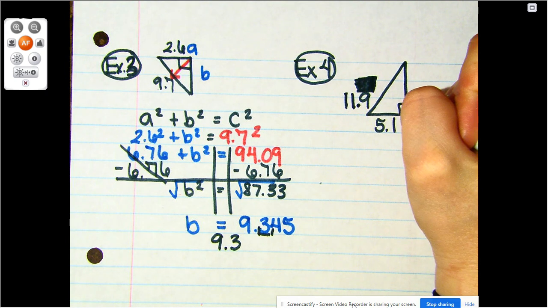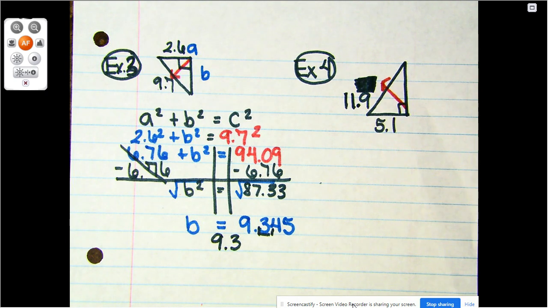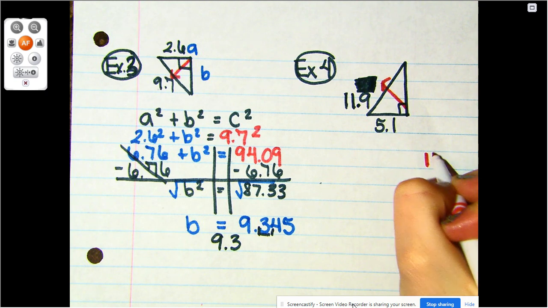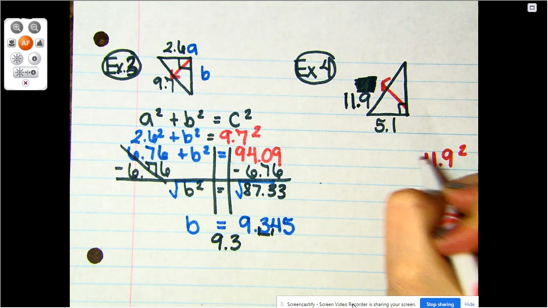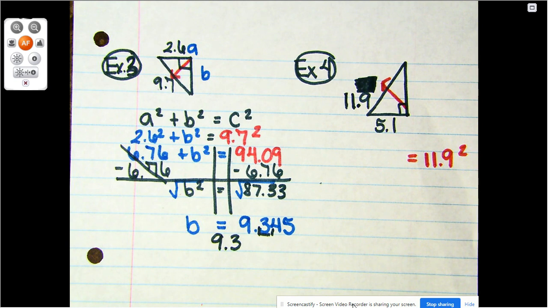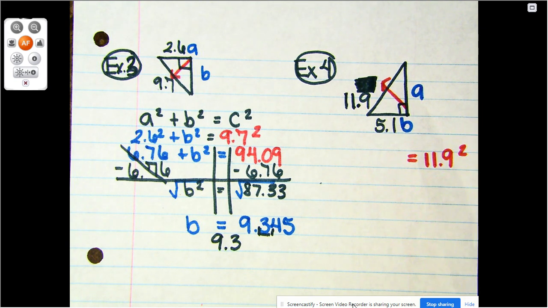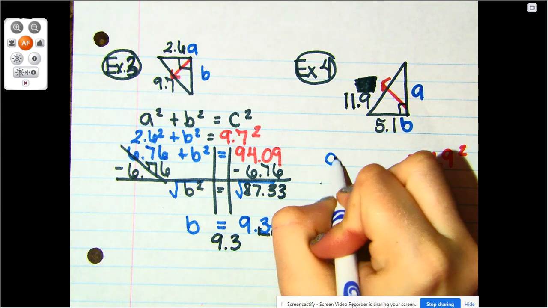First step is identifying where C is, and the value for C, that happens to be 11.9. We're squaring it. Then we got to find A and B. Let's call this side A and this side B. Again, A and B can be intermixed.